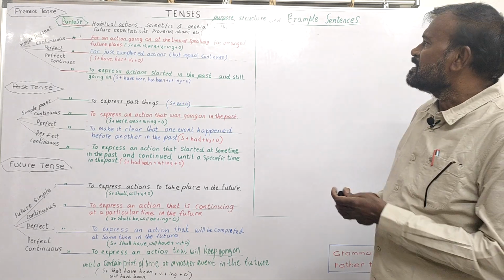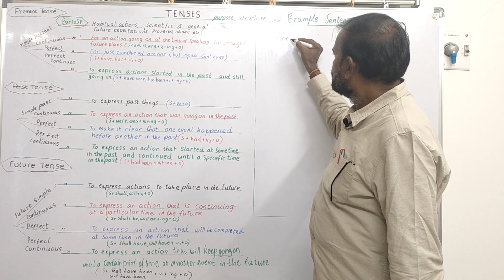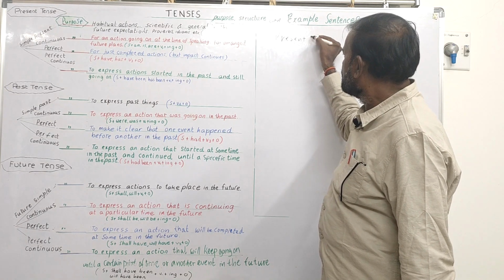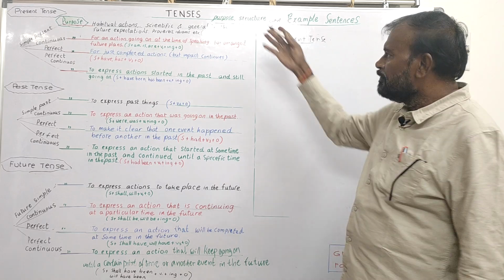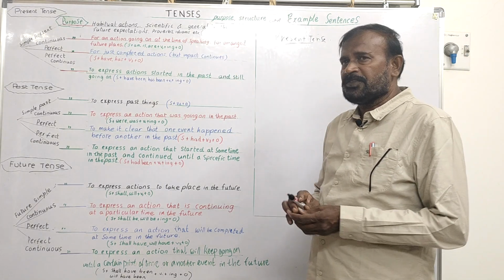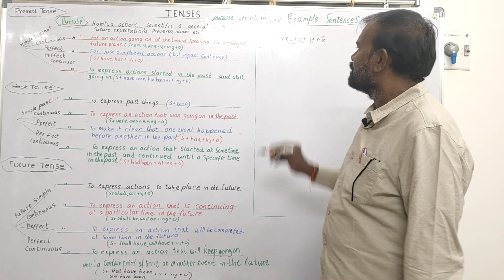The first thing is present tense. Here we have four kinds of tense. The first one is simple present tense.